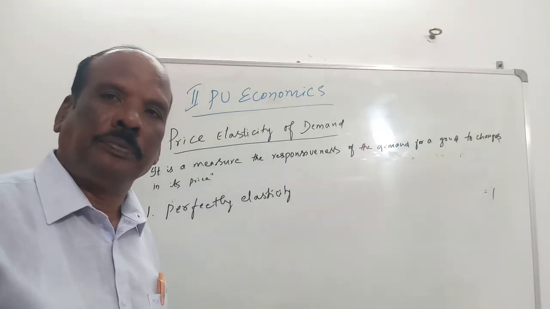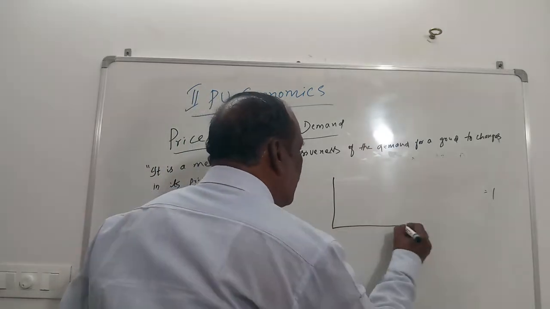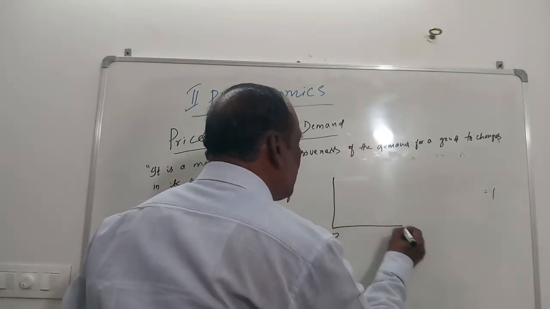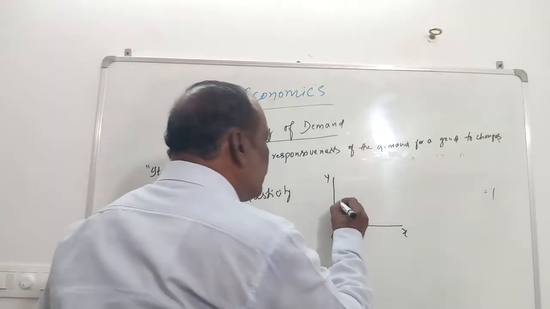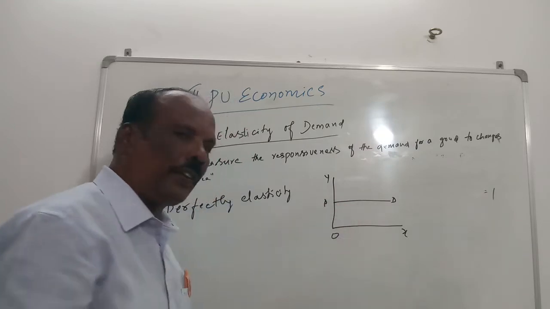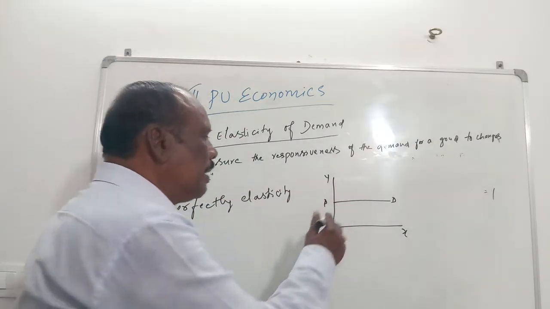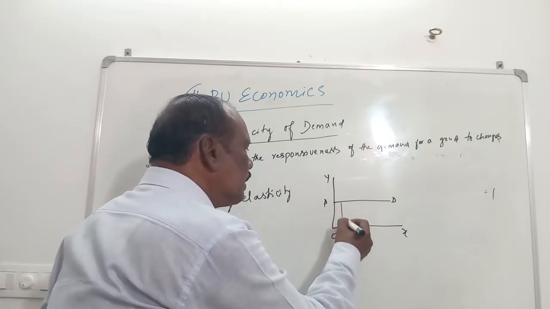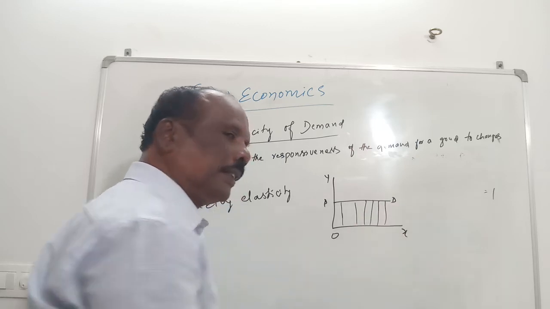Perfectly elastic. How can it be seen? Just see. This is OX, this is OY. So this is the demand curve. This is P, price. So when the price was OP, the demand goes on increasing infinitely.